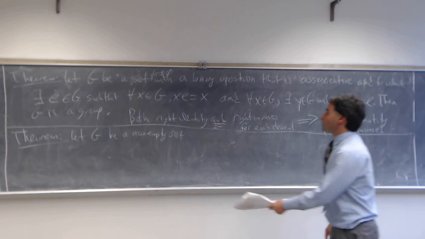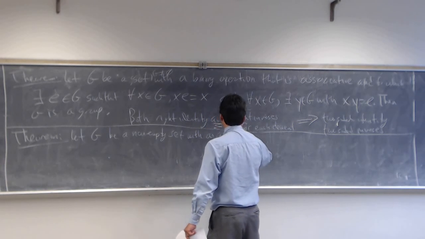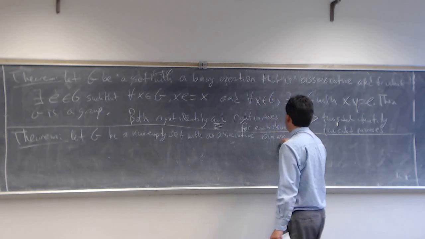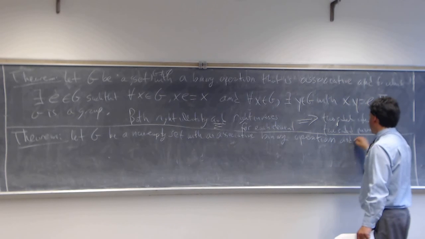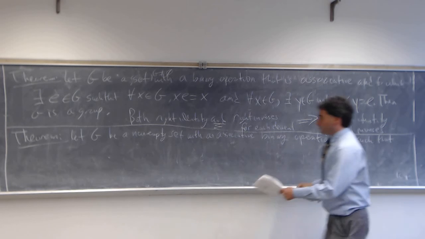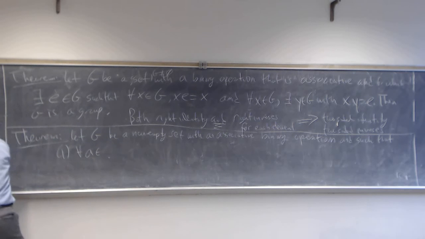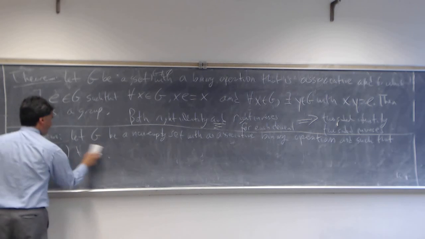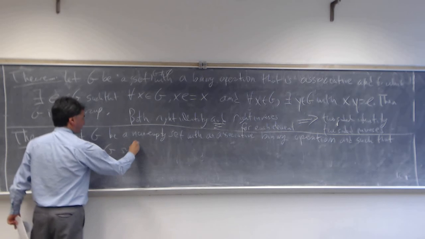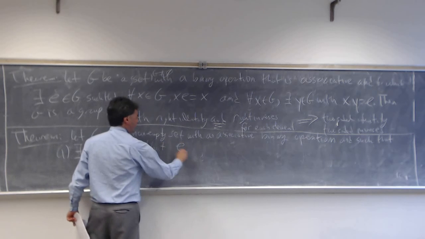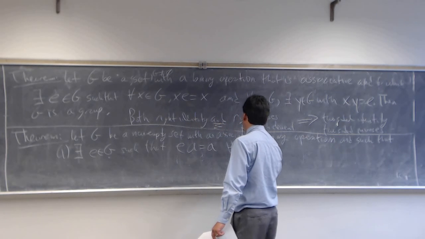So let G be a non-empty set with an associative binary operation, and such that: one, there exists an E in G such that EA is equal to A for all A in G.